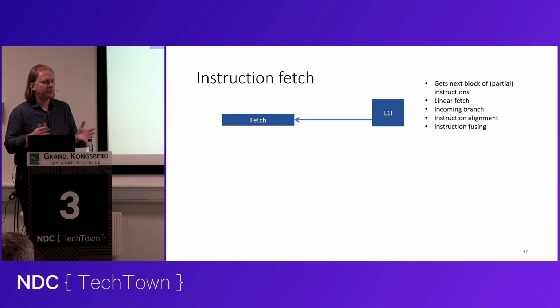So suppose you have a branch and you are not yet certain whether it will be taken or not taken. Or, for example, you have an incoming branch. Basically, the control flow is coming to you and you need to be able to fetch enough instructions to feed the later stages without possible blocking.